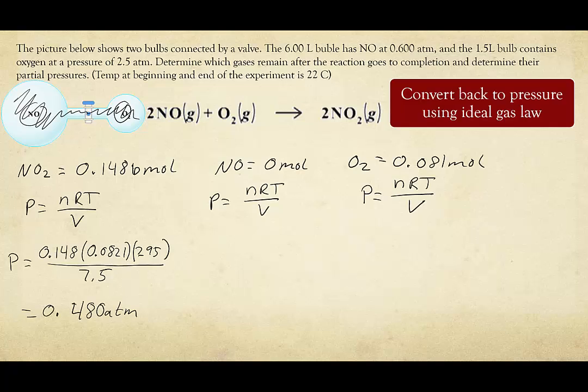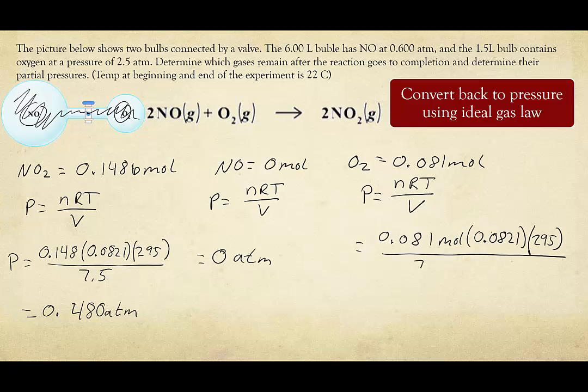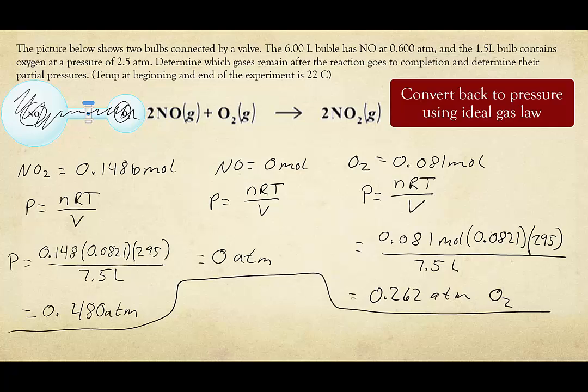For oxygen, and for NO, because it was our limiting reagent, we're able to just say that we have 0 atm, because 0 moles equals 0 pressure. We again have to make sure that we fill in the volume of our entire system, both bulbs. And now we have our partial pressures of all of our gases.